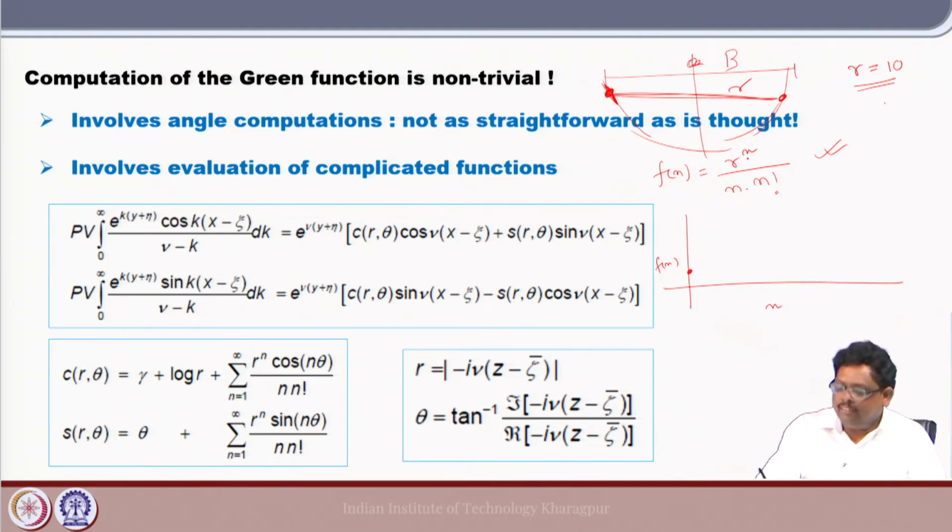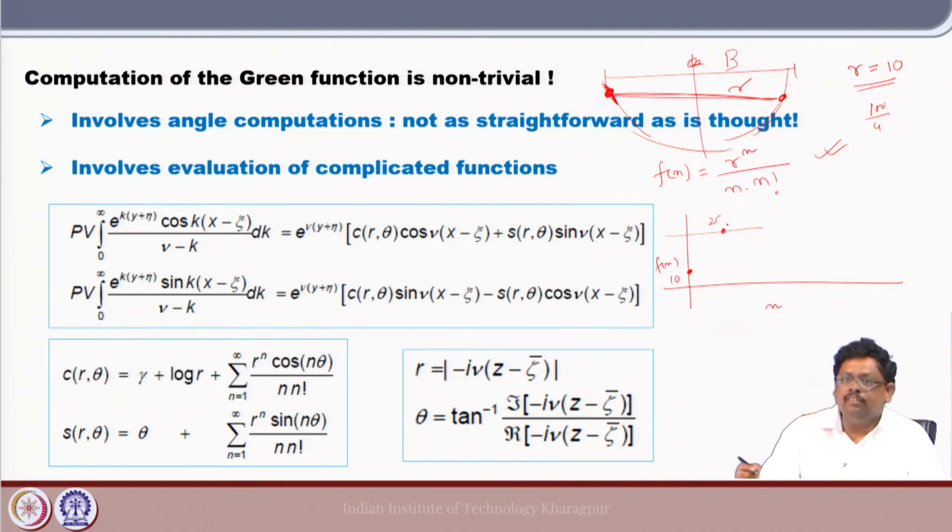When n equal to 2, the value is 10, sorry, very sorry. Now, when n equal to 2, the value is 100 divided by 2 into factorial 2, so it is 100 divided by 4, which is 25.